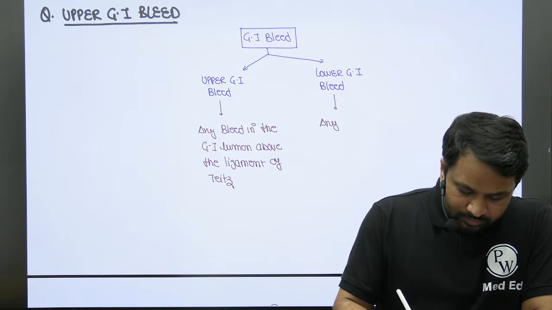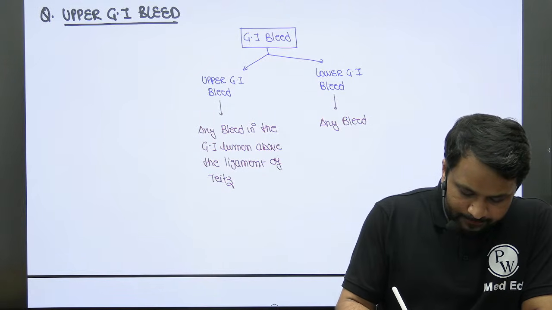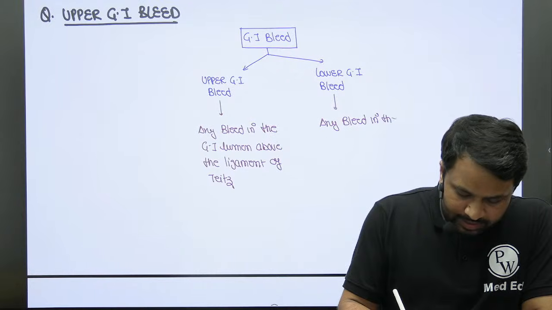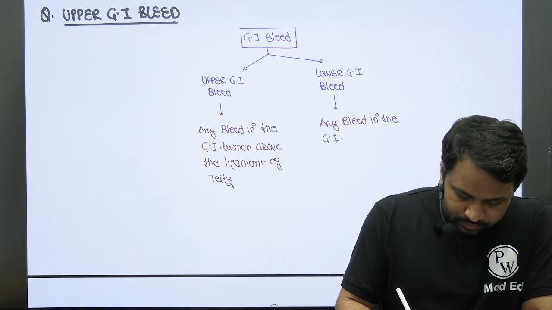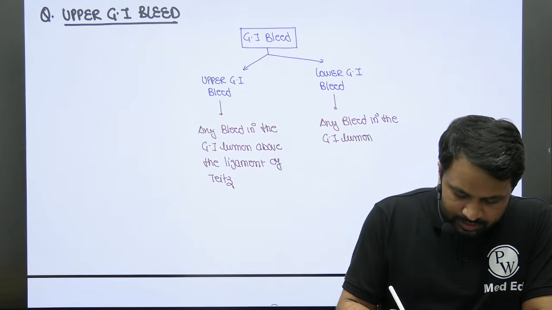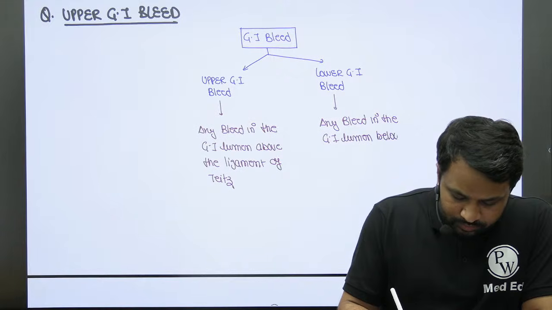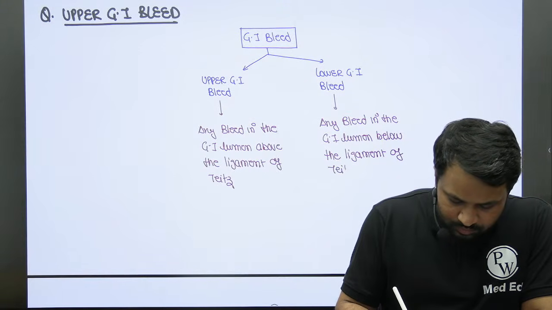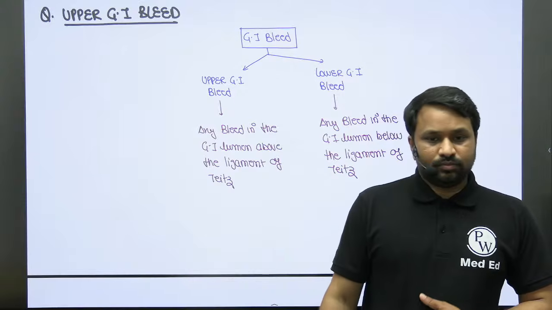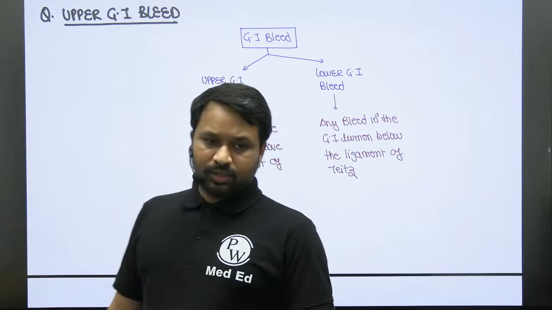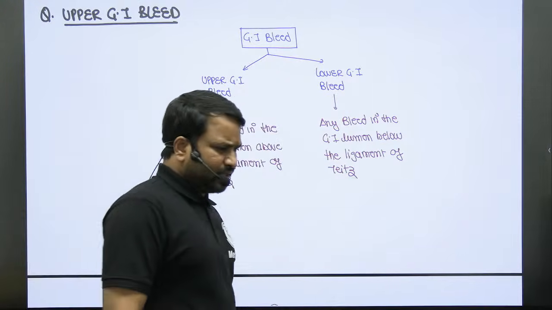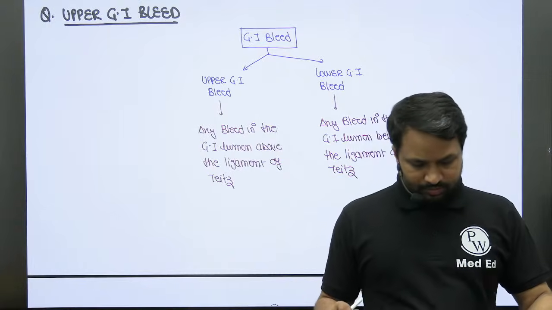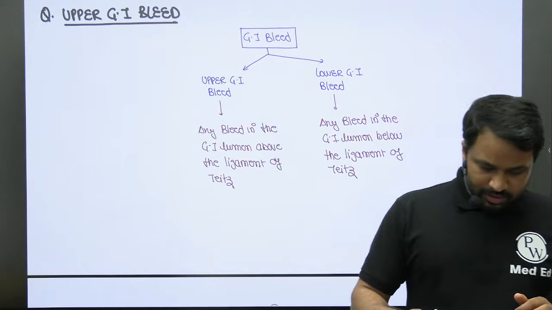Any bleed in the GI lumen below the ligament of Treitz is what we call a lower GI bleed. Okay? So when we talk about the GI bleeds, we categorize them.